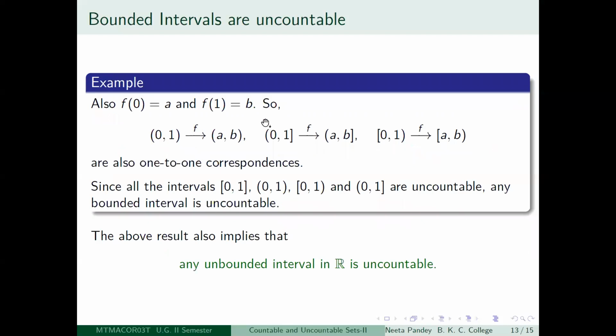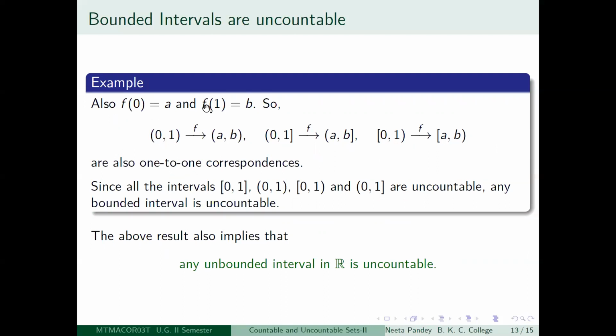That is what I'm trying to say here, that if you just restrict your map f to the open interval (0,1) or these two semi-open intervals, then they are also going to be bijective mappings. The way you have constructed it, that 0 goes to a and 1 goes to b, that is helping us in this. Of course, you could have taken the slope to be the other way around.